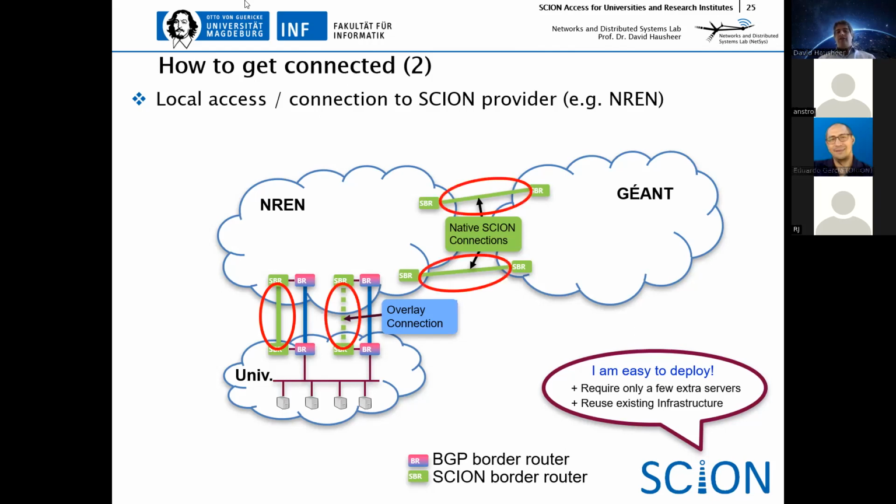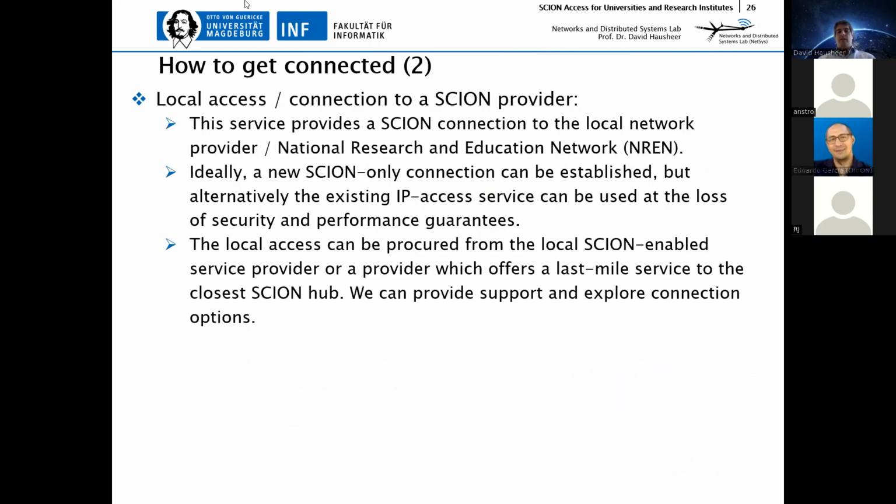In between the NRENs and GÉANT, it's typically a native SCION connection because it's very easy with these GÉANT plus links that I mentioned earlier to connect an NREN and end these connections in one of the SCION instances within the GÉANT network.